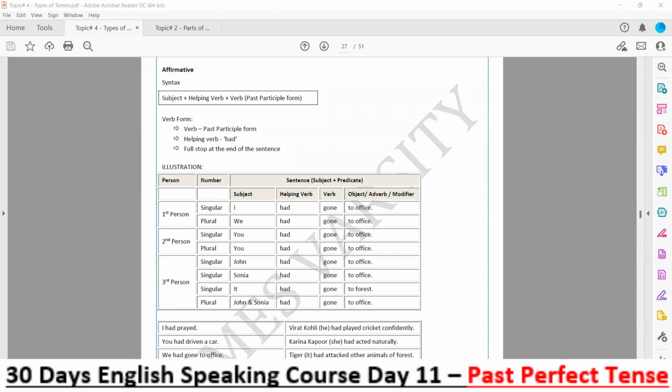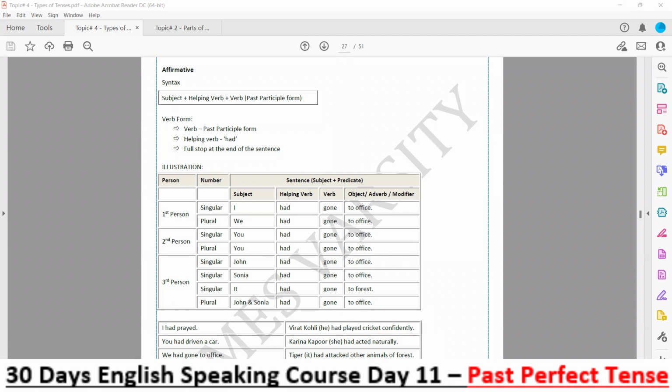John had gone to office. John ऑफिस गए थे. Yeah, so in Urdu or Hindi, if you are translating, आप office जा चुके थे. You can also say it like this in Urdu, because it is past perfect.